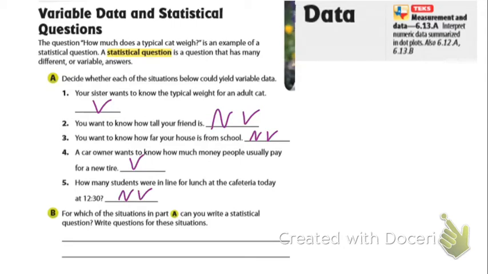Letter B. For which of the situations in part A can you write a statistical question? Here, ladies and gentlemen, it could be for 1 and 4. For number 1, her sister wants to know the typical weight of an adult cat. But if we're going to change it into a statistical question, let's say we go around the room, we could ask, what is the weight of a typical adult cat?